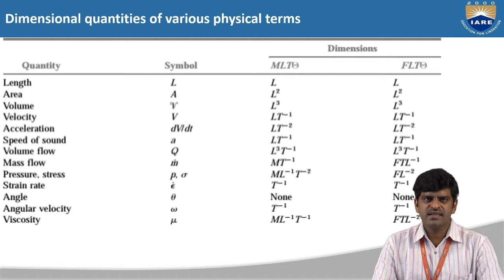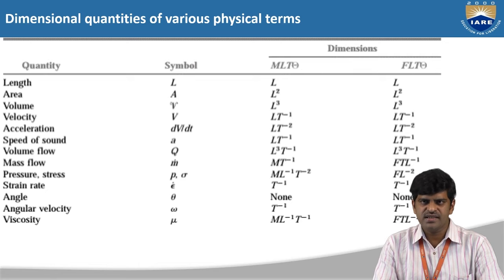So here we can see some of the basic quantities, like fundamental quantities as well as derived quantities, with respect to their expressions in MLT. And also, on the right-hand side, we can see the FPS system, that is the foot, pound and second system, where we express the same quantities in both the MKS system as well as the FPS system.